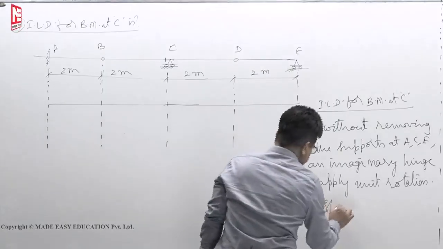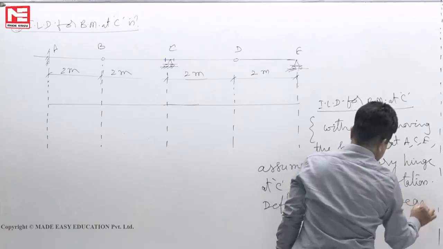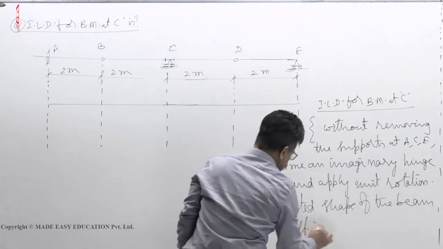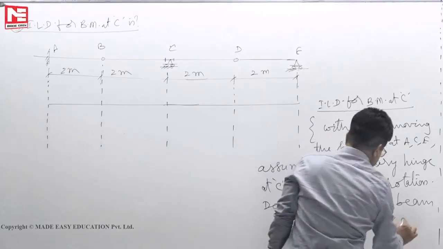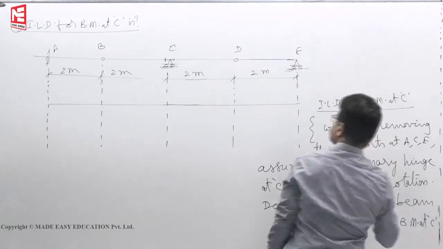Deflected shape of the beam itself is the ILD for bending moment at C.